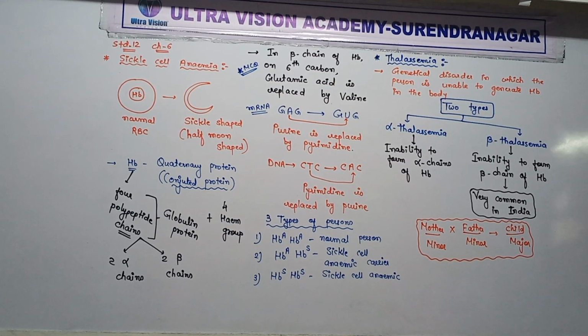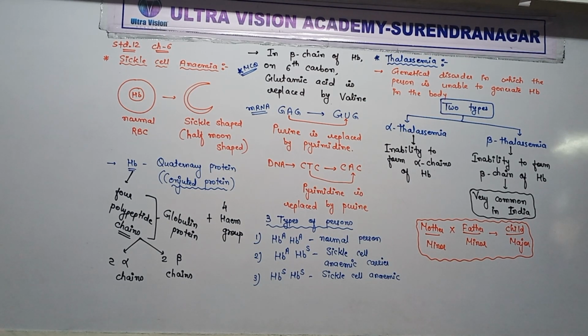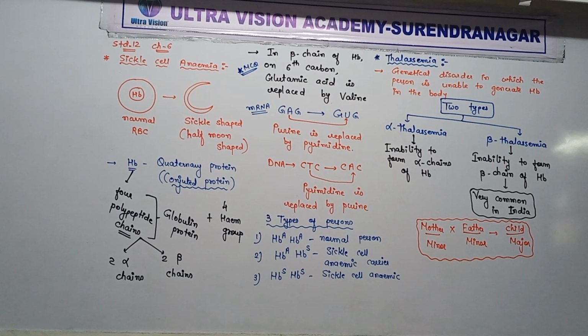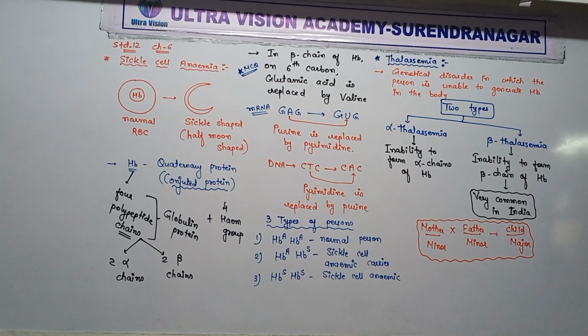Thalassemia is a quantitative disorder. Quantity is not there. Hemoglobin quantity is always less. But in sickle cell anemia, the hemoglobin molecule is there, but there is no quality to it.